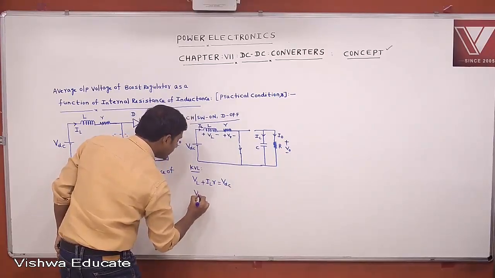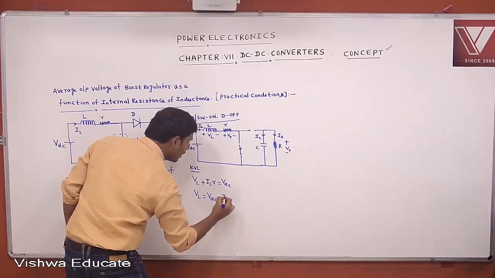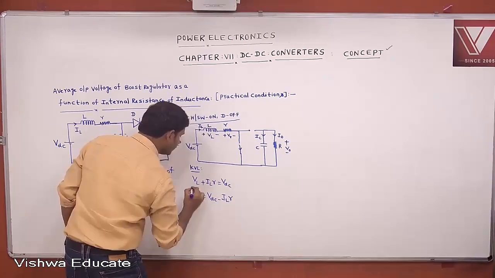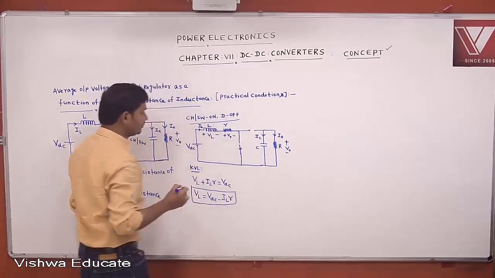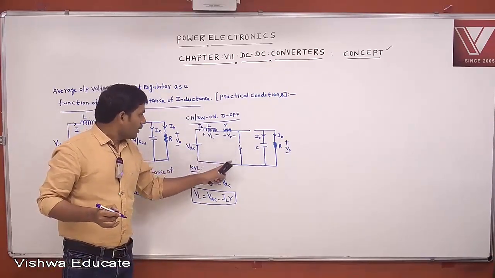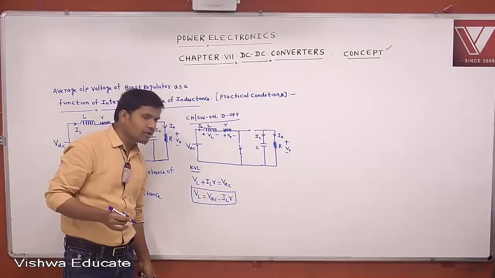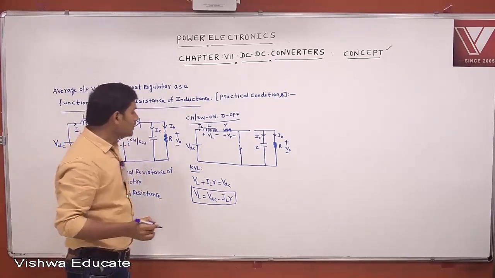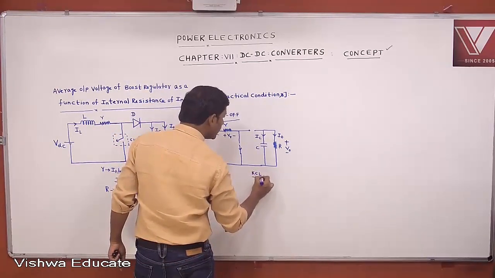Then from this, VL equals VDC minus IL into small r. Applying KVL here, VL equals VDC minus IL into small r. Clear? Then can you apply KCL? What is KCL, you tell me?